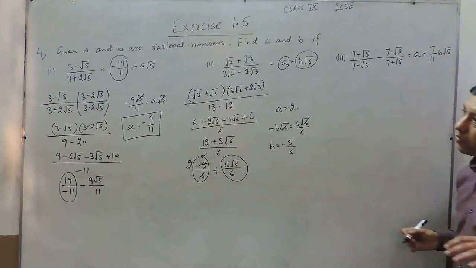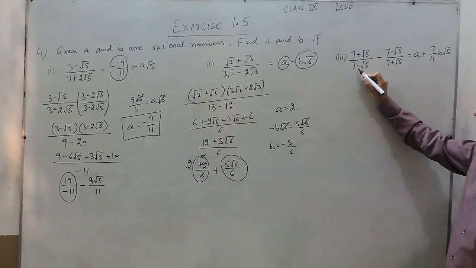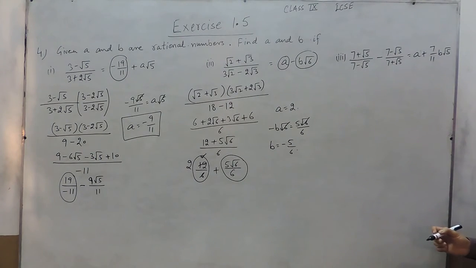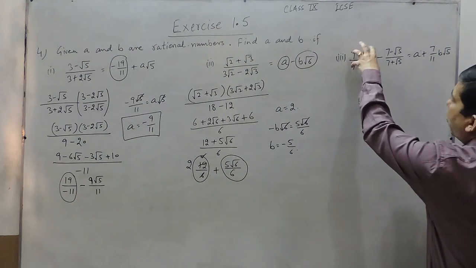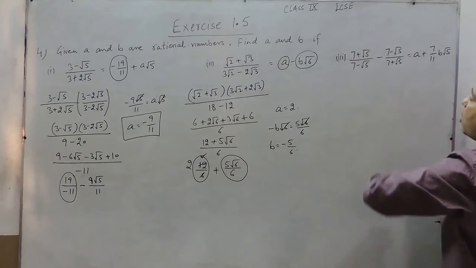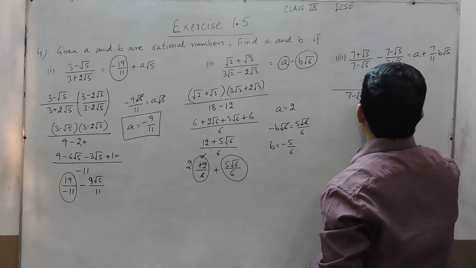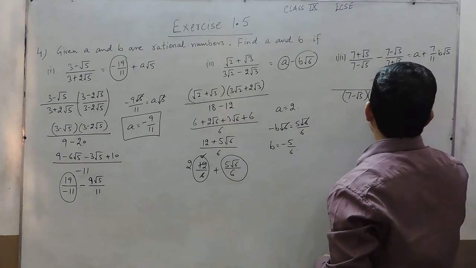If we look at part 3 of question number 4, the denominator here is 7 minus root 5, while the denominator here is 7 plus root 5. Now, either we solve them individually, or there may be a possibility that we take the LCM of these two fractions.